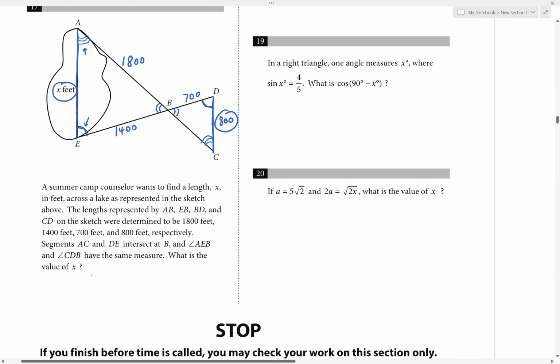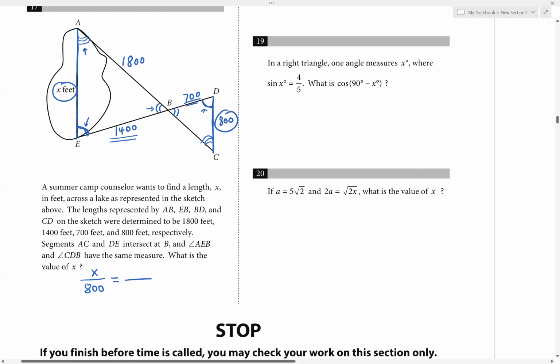So we can say x over 800, and this ratio should be the same as another pair of corresponding sides. Here that will be the 1400 and the 700, because we have the angle there with a single mark, and then angle B has a double mark right there.